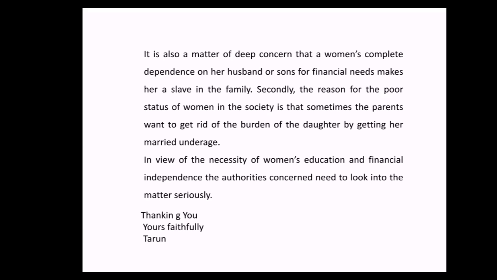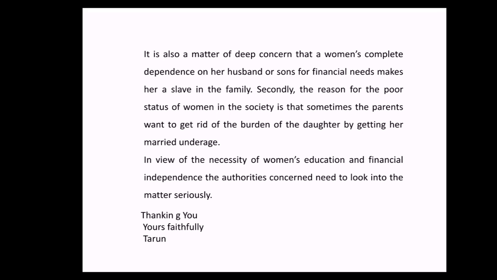It is also a matter of deep concern that a woman's complete dependence on her husband or sons for financial needs makes her a slave in the family. Secondly, the reason for the poor status of women in society is that sometimes the parents want to get rid of the burden of the daughter by getting her married underage. In view of the necessity of women's education and financial independence, the authorities concerned need to look into the matter seriously.